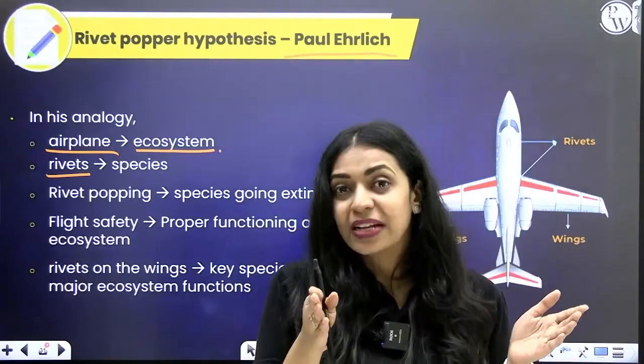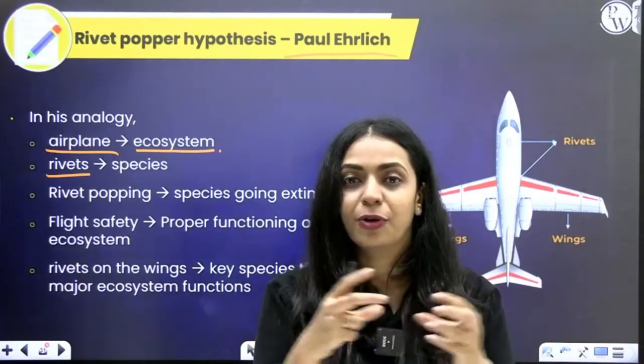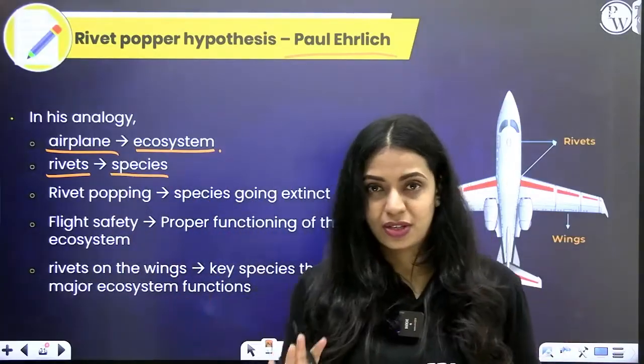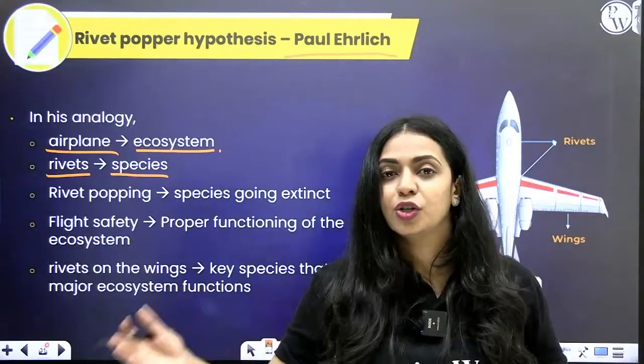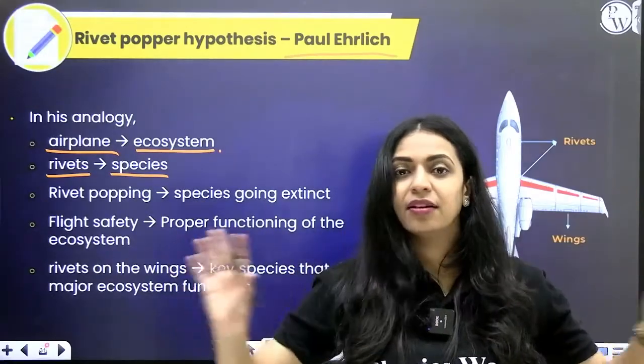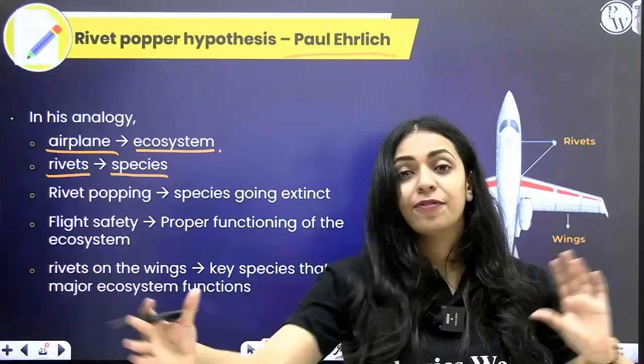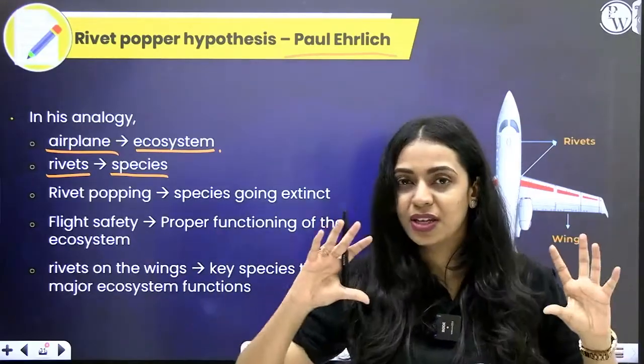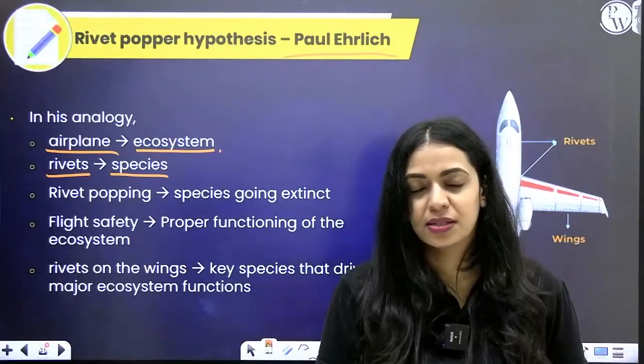So those rivets that are used for binding together different parts of the airplane is what we compare with the species. Many species, many rivets together make the airplane, give form to the airplane. Similarly, many species come together in an ecosystem.